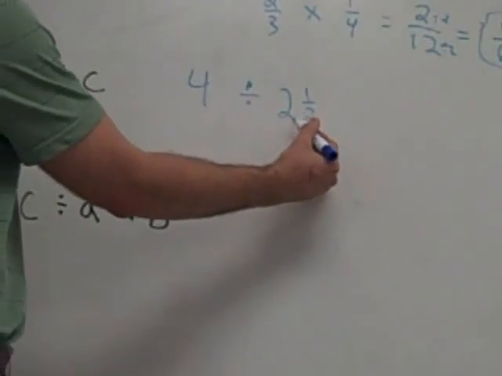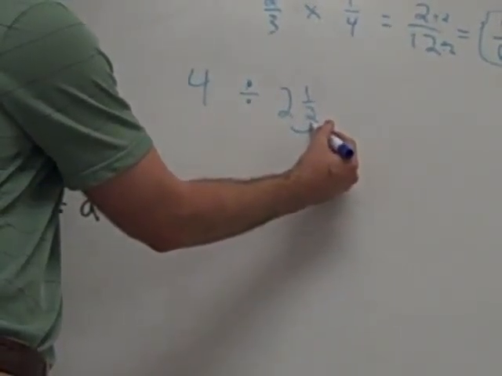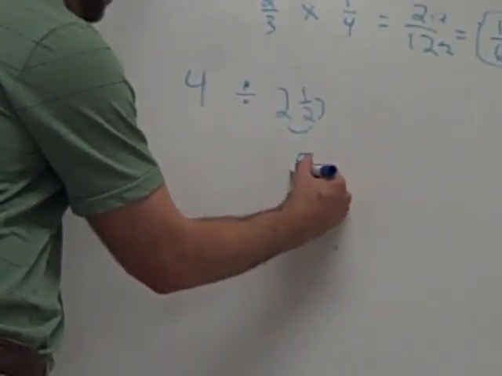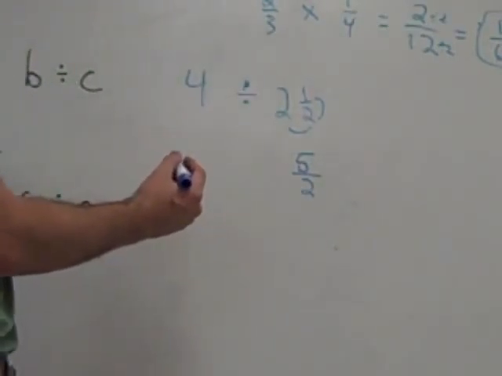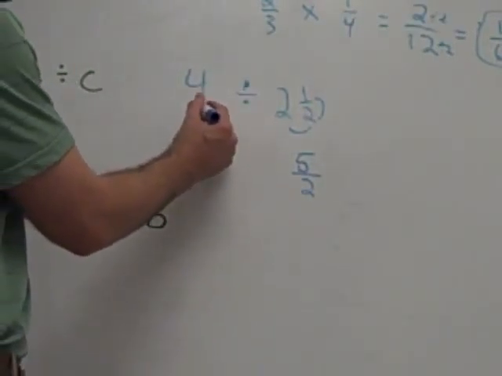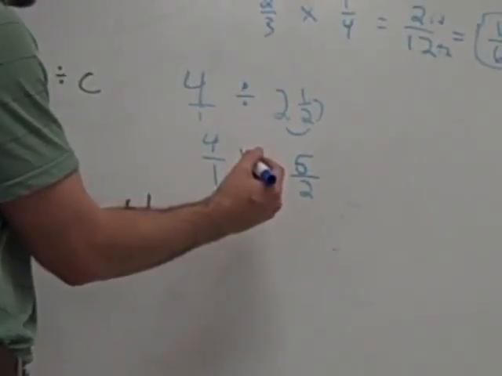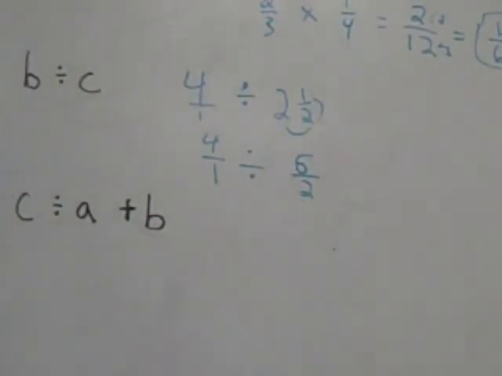Luke, you look on this one. What do I get? 5 over 2, right? What about the 4? How do I get it in fraction form? Put a 1 under it. So now it's 4 over 1. So now I have this in fraction form.